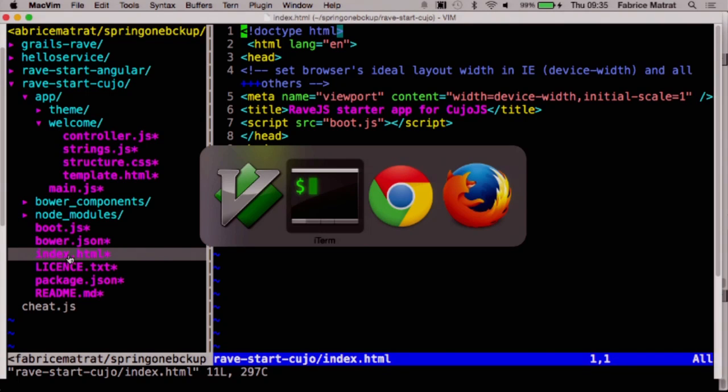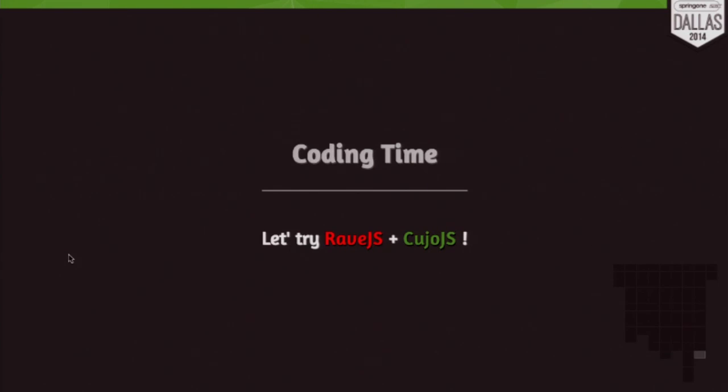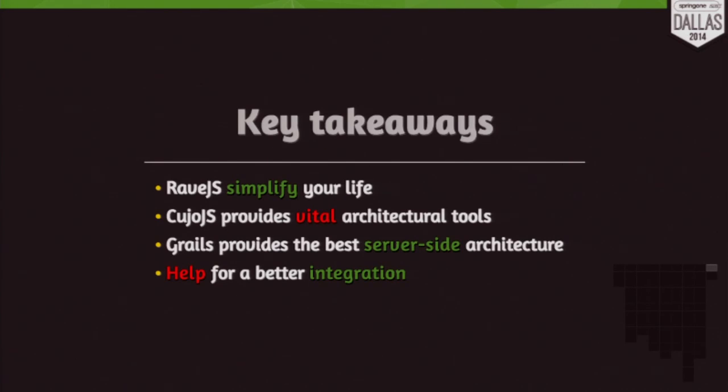That was the code for cujoJS. So some key takeaways, in conclusion: RaveJS is a way to simplify the life of JavaScript developers and engineers. cujoJS itself, in general, provides architectural toolkits which are simple, easy to use, and easy to put in place, now with RaveJS especially.